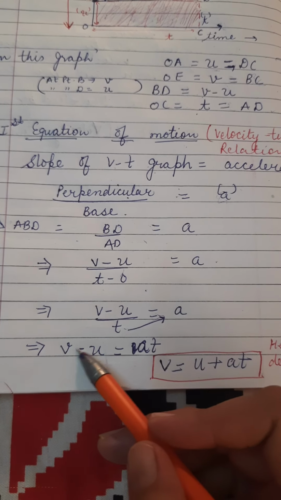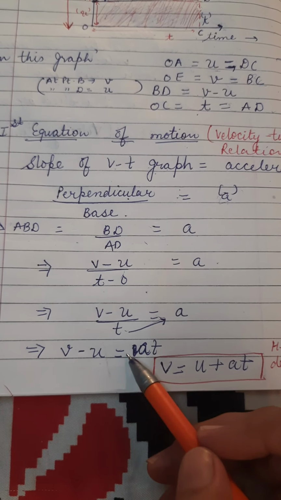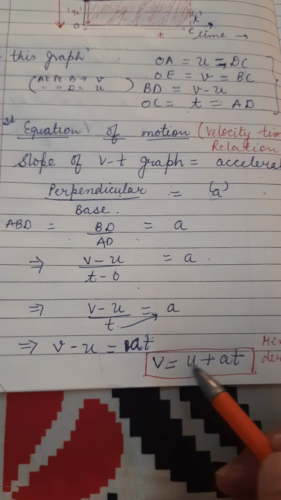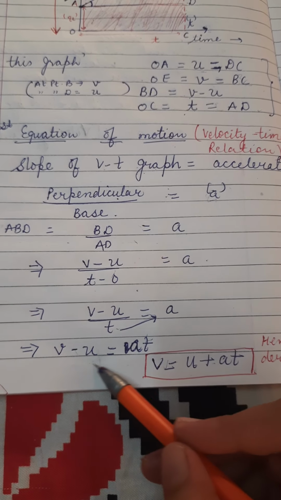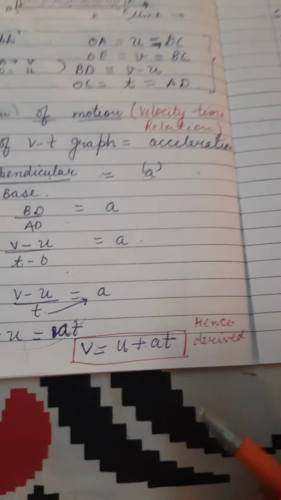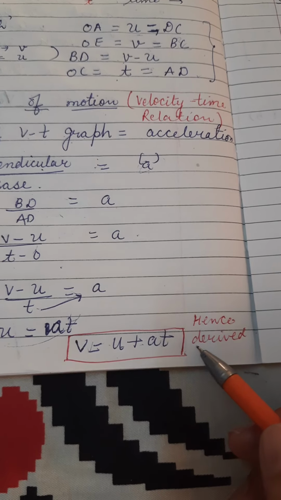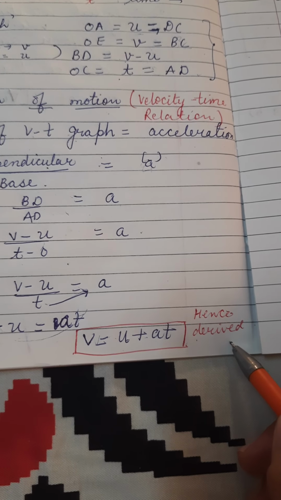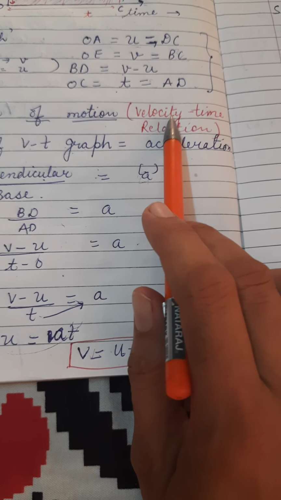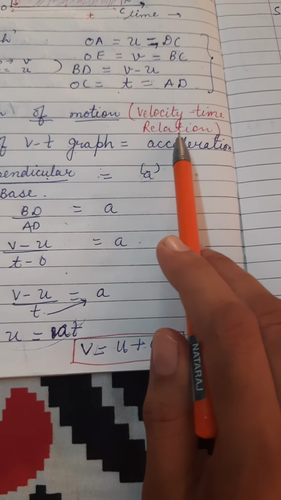Cross multiply, v minus u is equal to at. Whenever this u goes to the right hand side, it becomes plus. v is equal to u plus at. Hence, the first equation is derived, and this equation is also termed as the velocity time relation.